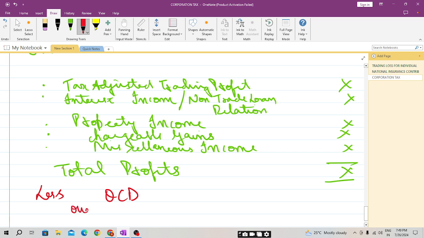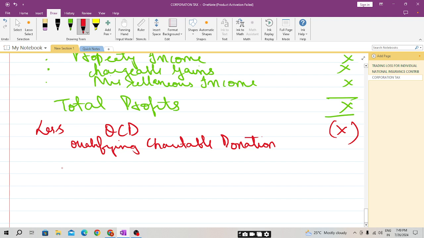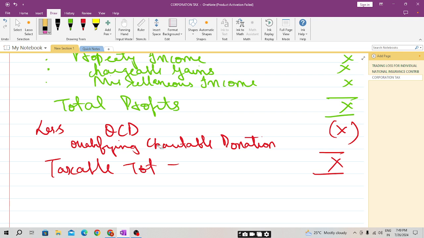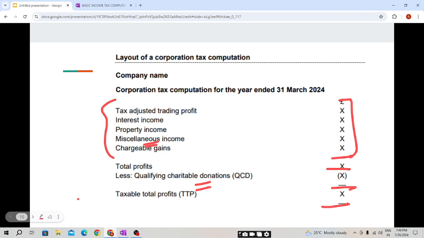QCD is qualifying charitable donation. So this will give rise to our taxable total profits. And on this taxable total profit, students, we will be calculating our corporation tax. I hope till here it is clear.